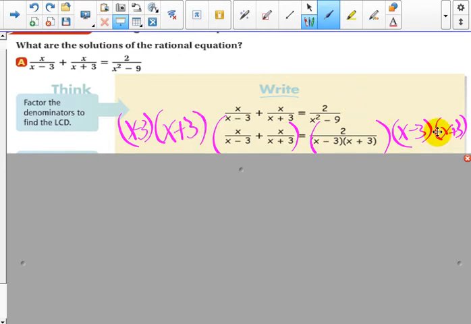Now when you do, it's like distributing both of these terms to each term on each side of the equal sign. So this x minus 3 times x plus 3 is going to go up here to the 2.